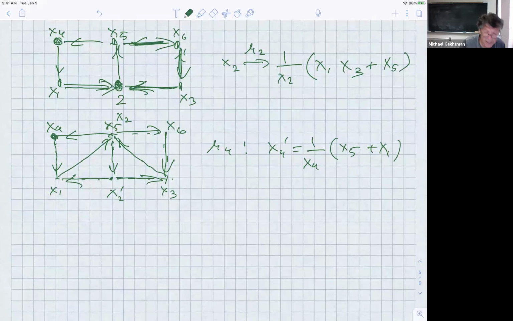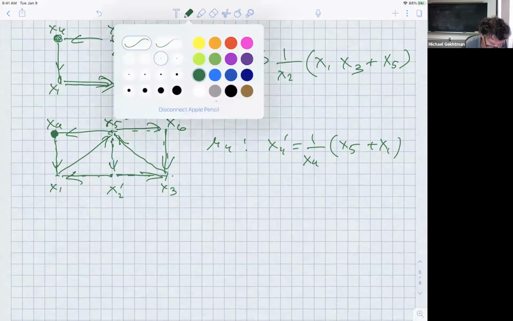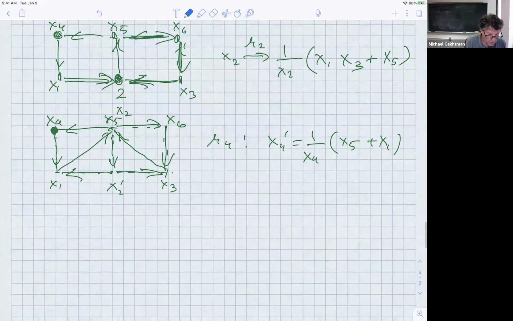So this is a transformation of the variable. But now let's see what will happen to the quiver. So I am now interested in drawing shortcuts that go through x4, right? So let me try to do it on the same picture. So see, there is a path from x5 to x1 through x4. So I will have to draw an arrow in the opposite direction. Okay. So this was step number 1, and step number 2 was to change the direction of all the arrows which are incident to x4.